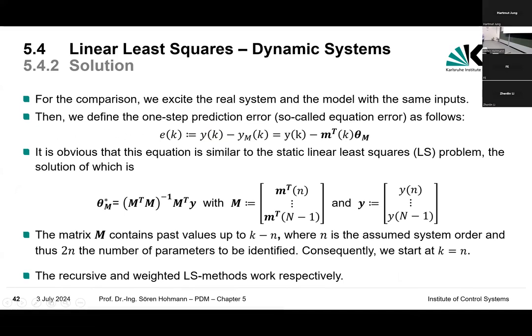That's it. It's the same trick we use for static systems, right? It's nothing new. Now, if you look carefully at this equation, you would say, hey, it's exactly the same. It's not similar, it's exactly the same. Why not use the least squares algorithm we already calculated?